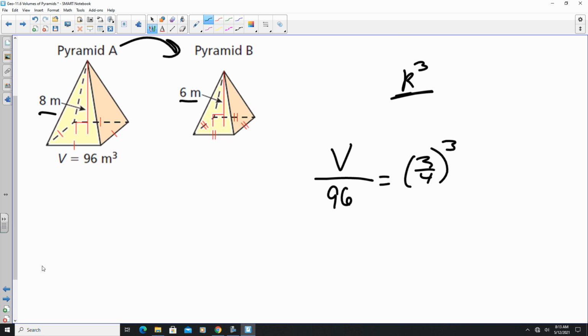So what I'm going to do is take 3/4 and cube it, and then multiply that by 96, which gets us a volume of about 40.5 cubic meters.